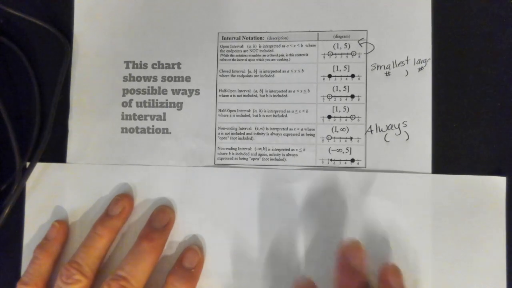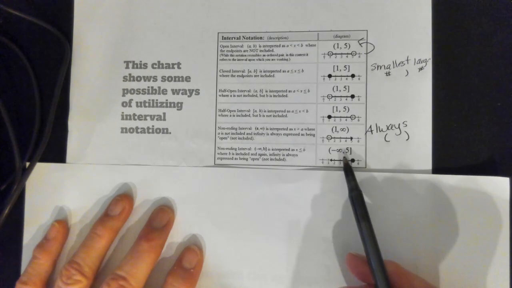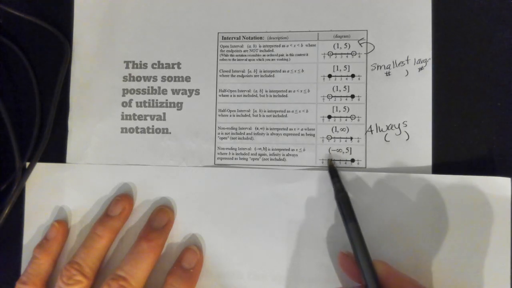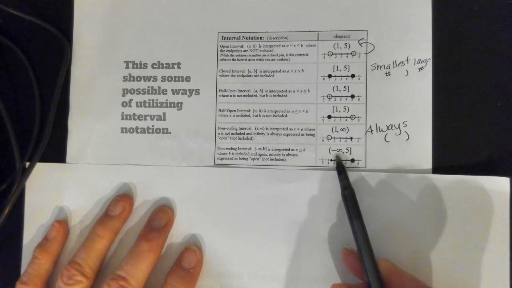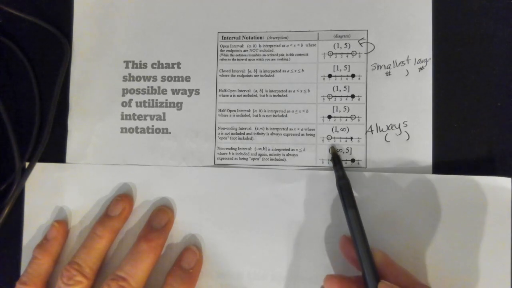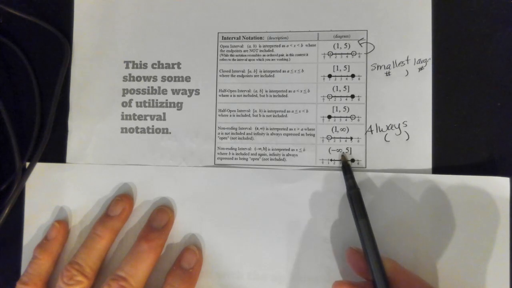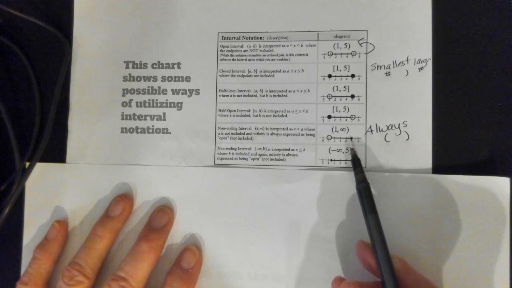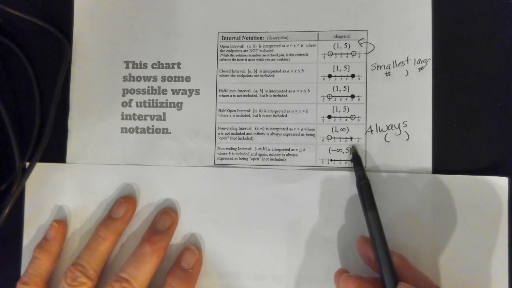You always use a parentheses. So in our next example here, you can see it's going to the left. The smallest number is actually negative infinity. And we have the arrow going to the left, so we put a parentheses. We put a comma. The biggest number it can be is 5, and this is filled in, so you get with that a bracket.